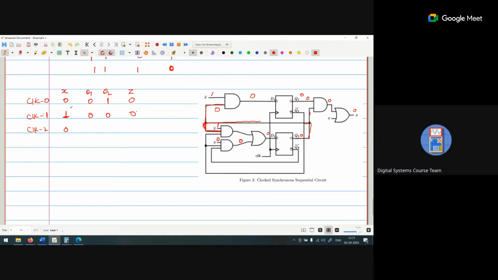And this one is connecting with Q2 bar, so it is again a 1. So here we are getting 0, so we have 0, 0 and 0. Again we take clock 3. In this way we have to change the X value every time. After that you can calculate Q1, Q2 and Z.